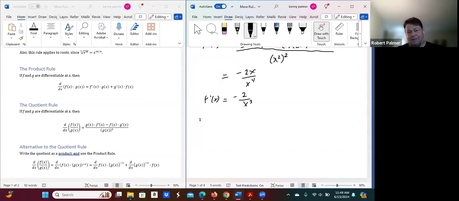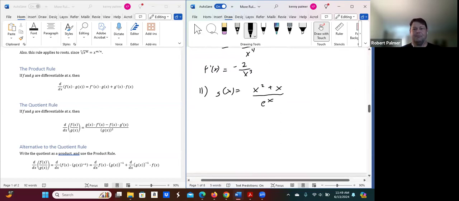Okay, let's look at number 11. So this time, let's do g of x. Let's do something like this. So x squared plus x over, how about e to the x? Okay. So once again, let's use the quotient rule.